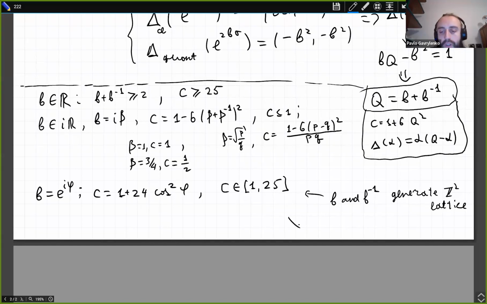There is b and b inverse, some complex numbers.